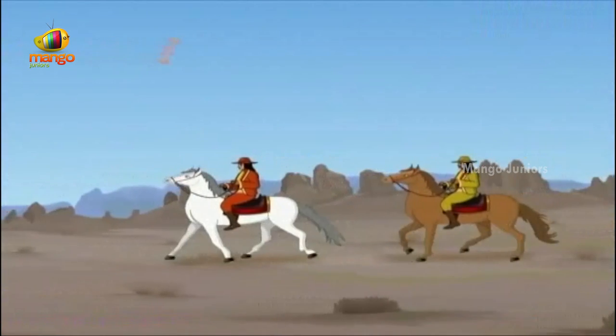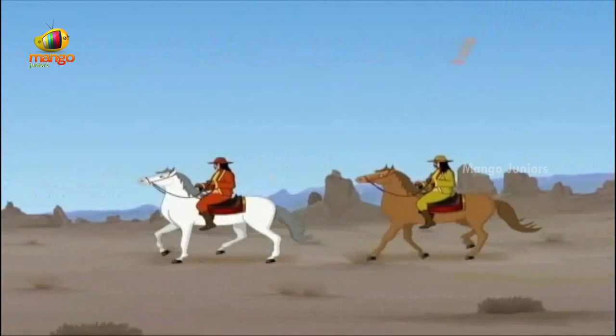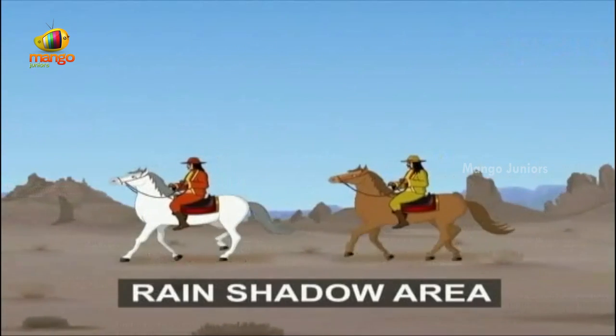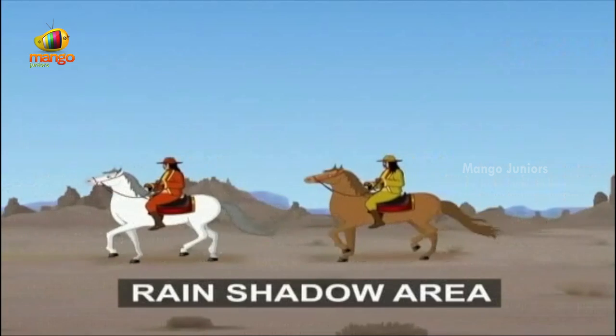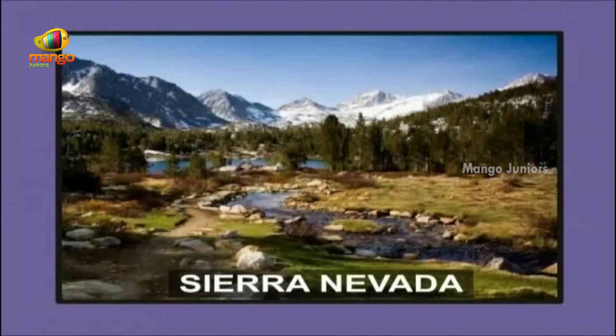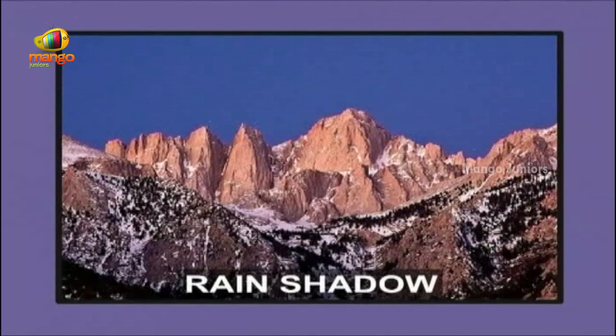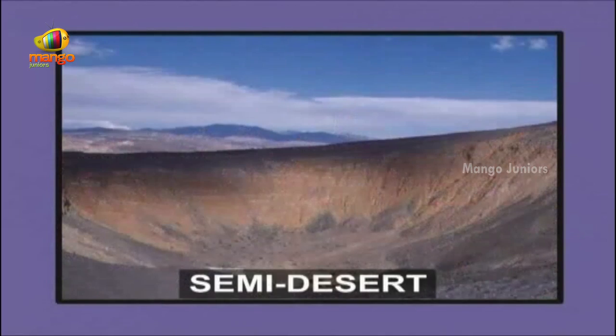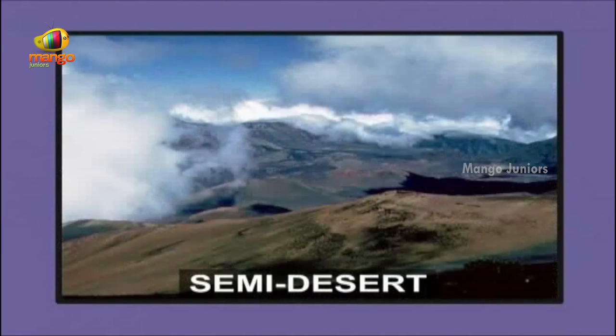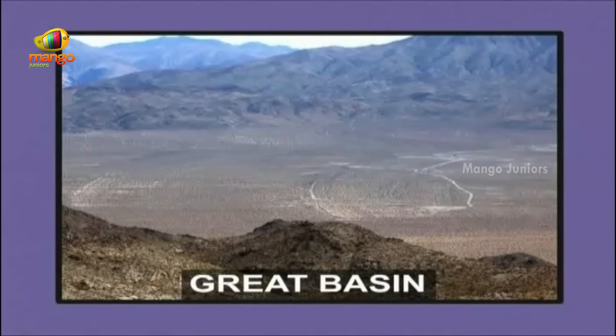This drier area behind the mountain range is called rain shadow, or the leeward side of the mountain. The Sierra Nevada in California in the USA casts a huge rain shadow, creating semi-desert conditions in the mountains and valleys of the Great Basin.